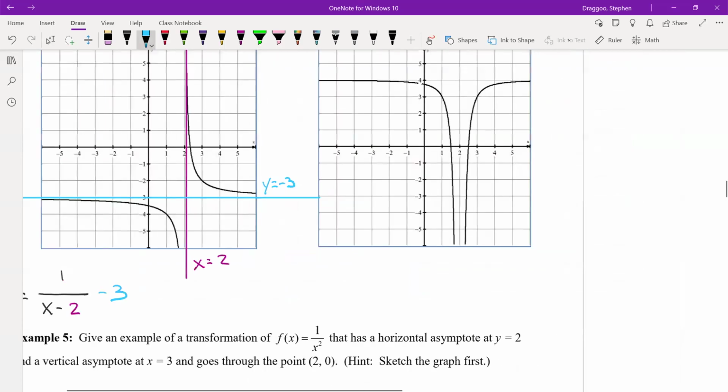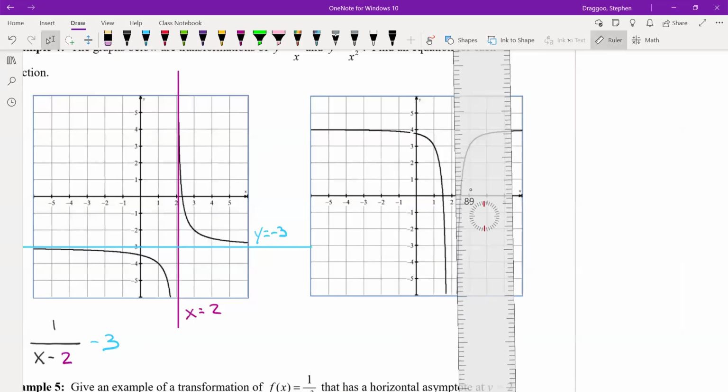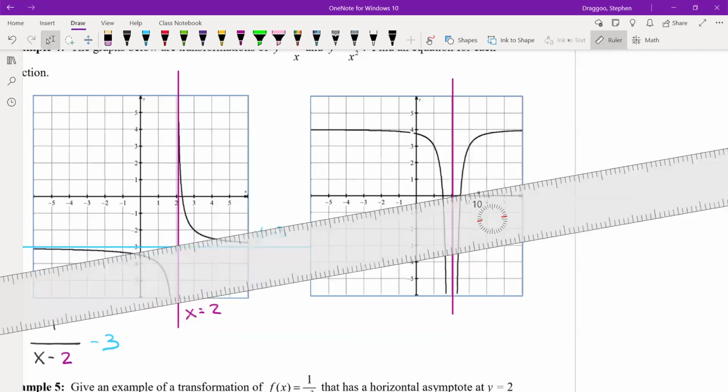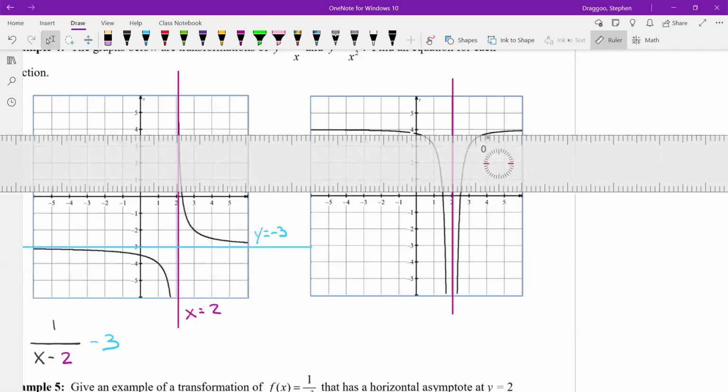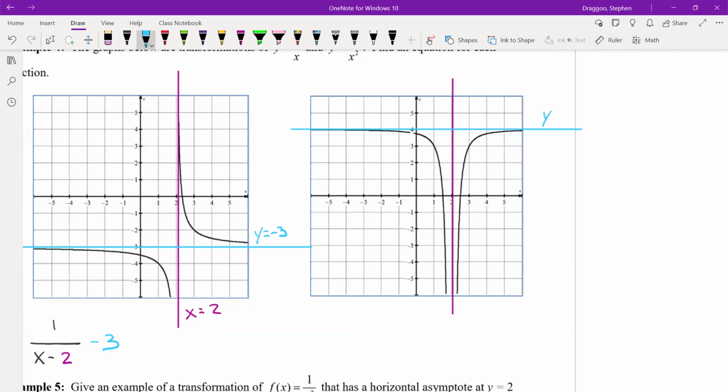If I apply that same idea over to the right, where I first locate its asymptotes, well, I can see my first one, my vertical asymptote, be right here, while the horizontal asymptote must be this line right there. That should be the equation y equals 4 for the horizontal one, and x equals 2 for the vertical one.